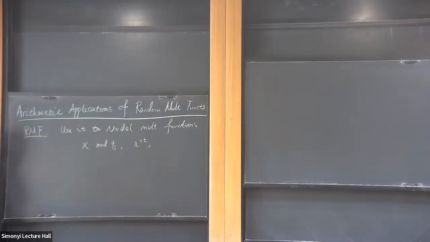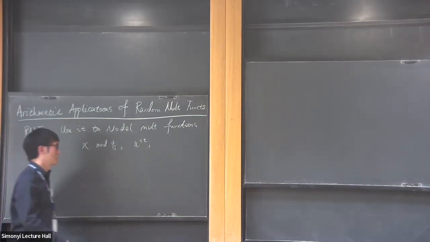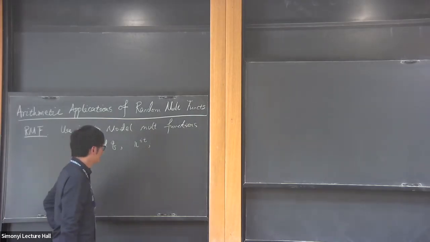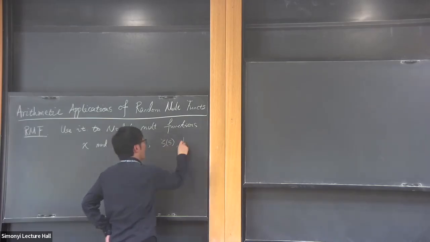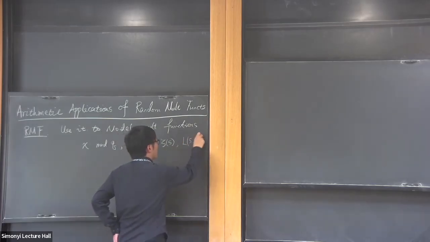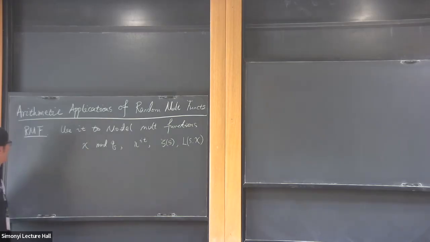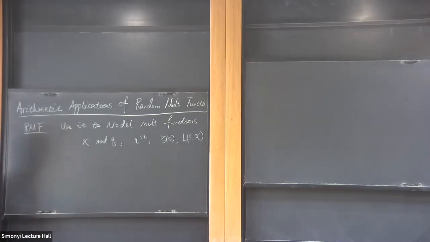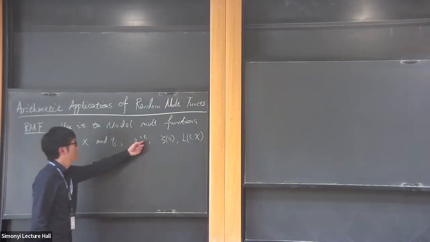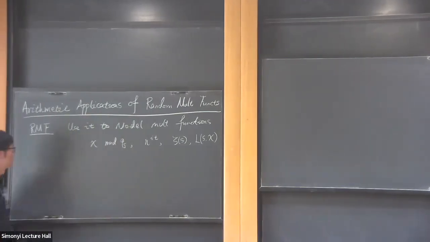When you study a multiplicative function, usually you go on to study the corresponding L-function, so zeta(s) and L(s, chi) might be involved, and it turns out RMFs are good models to study some properties of these. I particularly exclude the Mobius function. I personally believe it's not a very good model for Mobius, but it would be a good model for a typical character chi or for a typical t, n to the it.